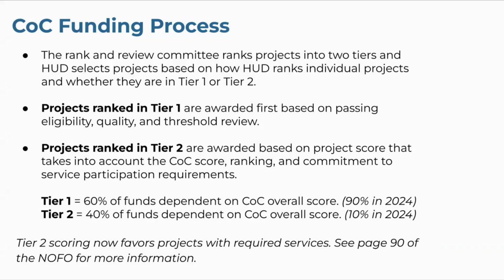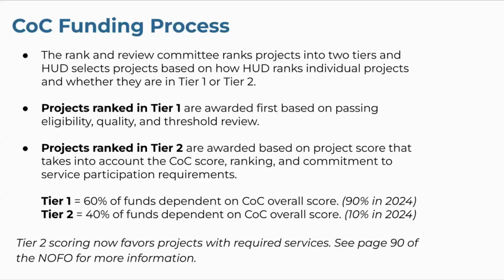This year, our tier 1 percentage of funds is 60% of our overall amount of funds, and then 40% of the funds are in tier 2. This is a change from the last time we had this application process. It was 90% in tier 1.